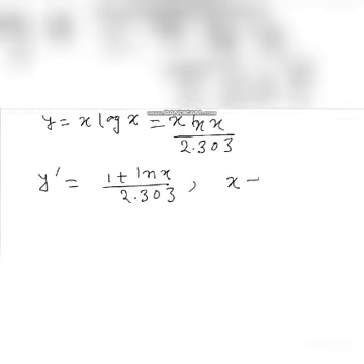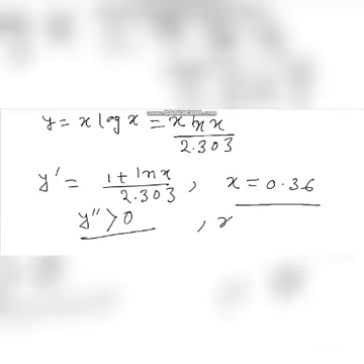Now if we differentiate, then y prime will be 1 plus ln x divided by 2.303, and this will give you x = 0.36, and at 0.36 you can find that y double prime is greater than 0, which means that x = 0.36 is a minima. So there is no maxima, only a minima.